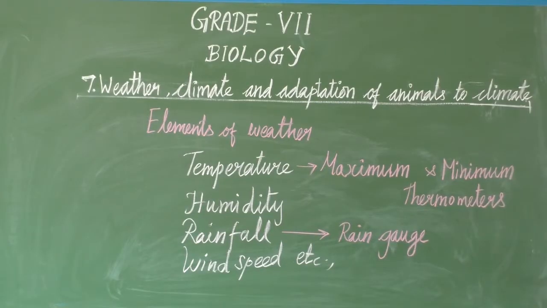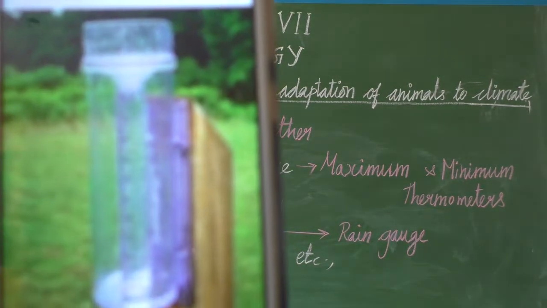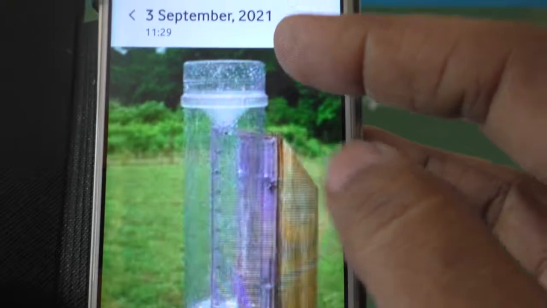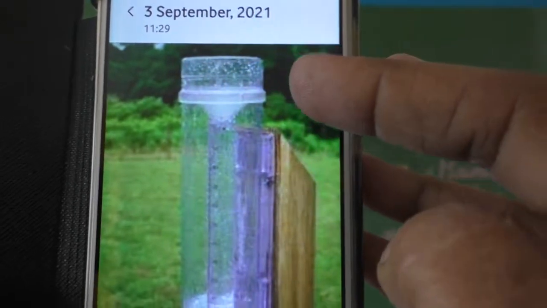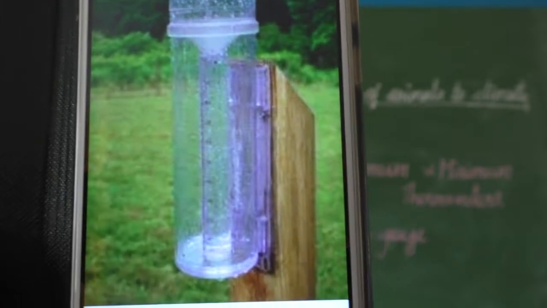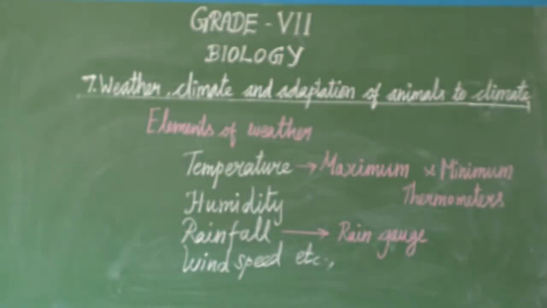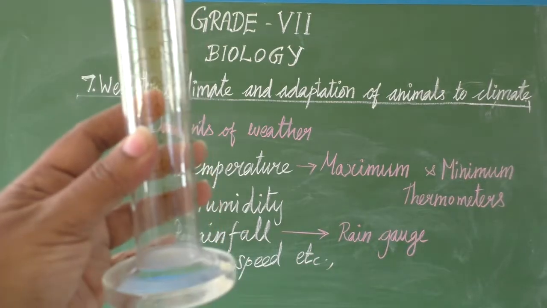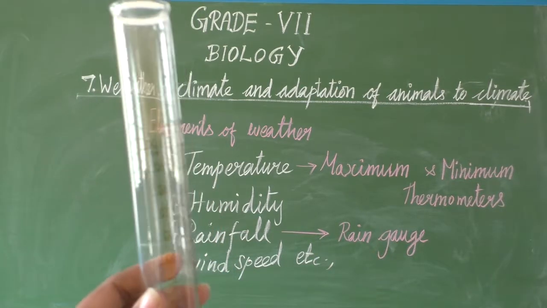The next one is rainfall. How will they measure the rainfall? By using the rain gauge. Look, children, this is a rain gauge. Basically a measuring cylinder at the bottom, and on the top there is a funnel. See, from our lab I took a measuring cylinder.